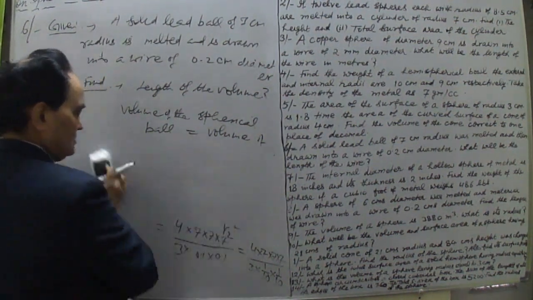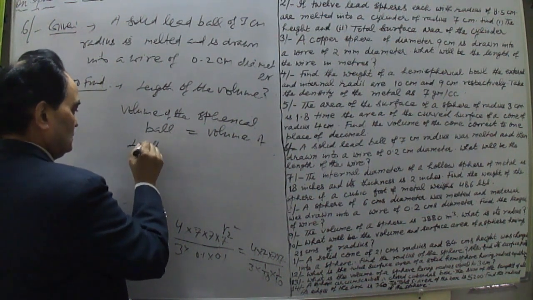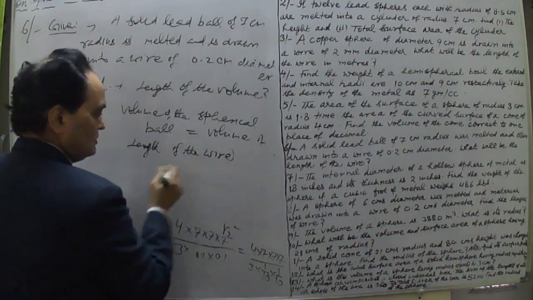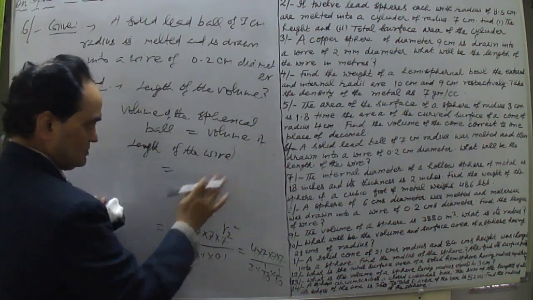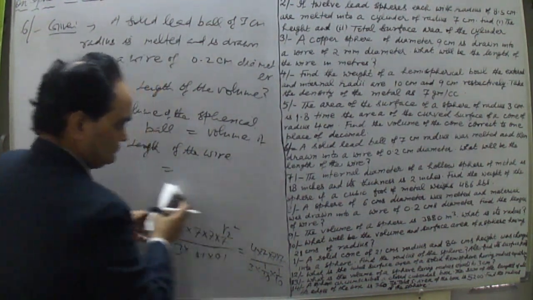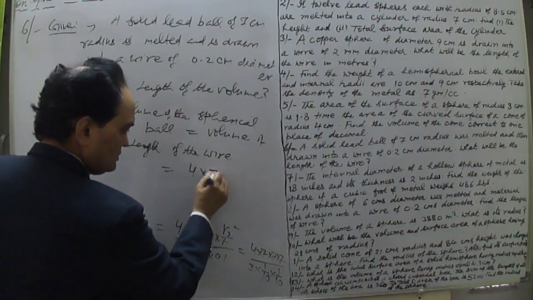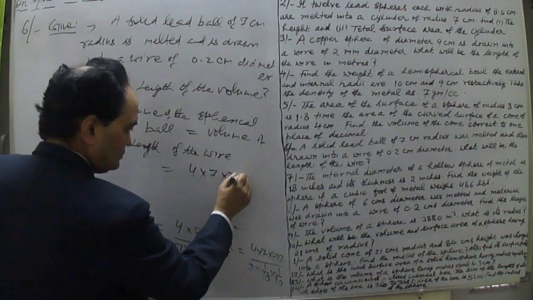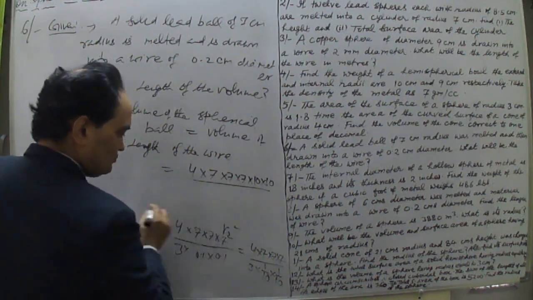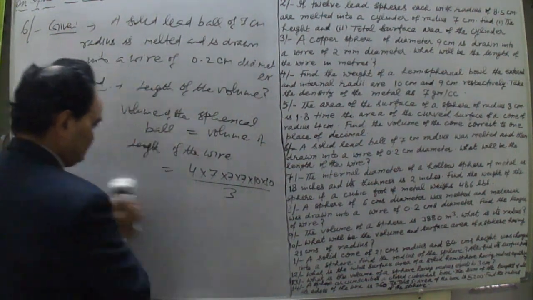Therefore the length of the wire, or h, is equal to 4 into 7 into 7 into 7 into 10 into 10, divided by 3 only. This is in centimeters.